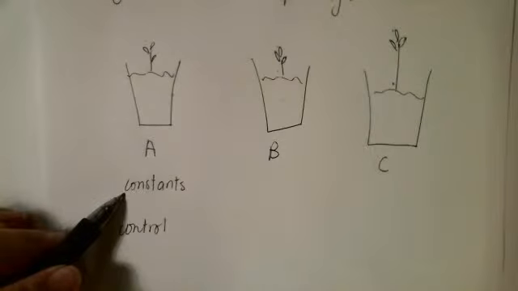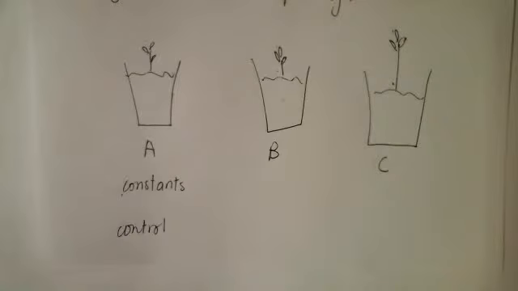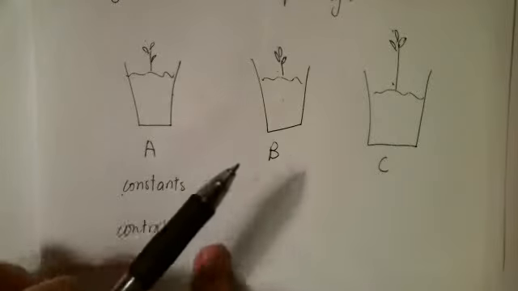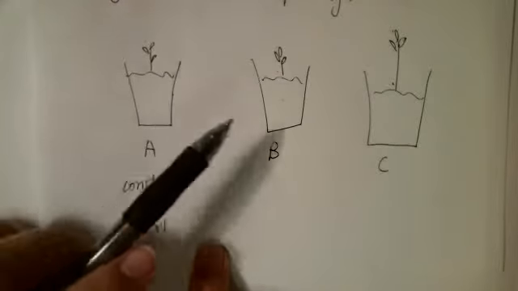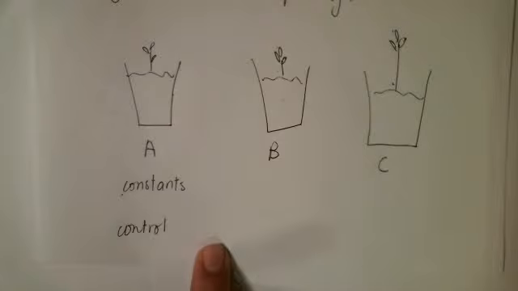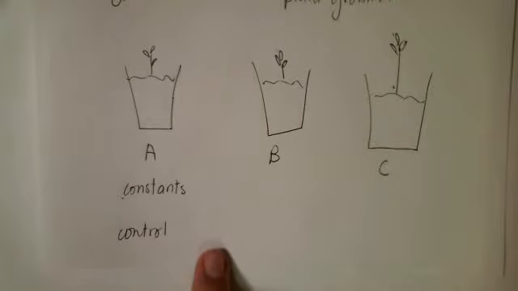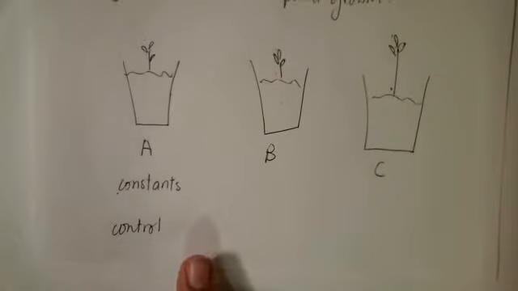Your constants, that's everything that stays the same. So, for example, we would have had to use the same type of potting soil, the same type of plant, the same amount of water, the same amount of sunlight, etc., so that everything else is the same except the type of fertilizer that the plants receive.